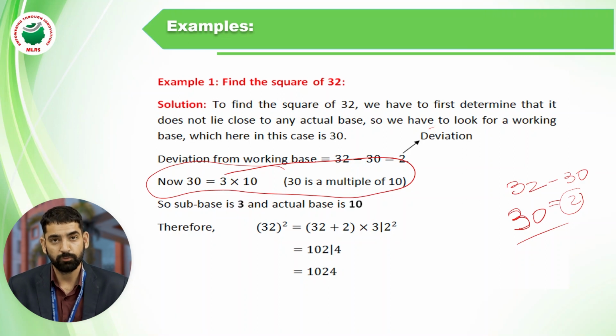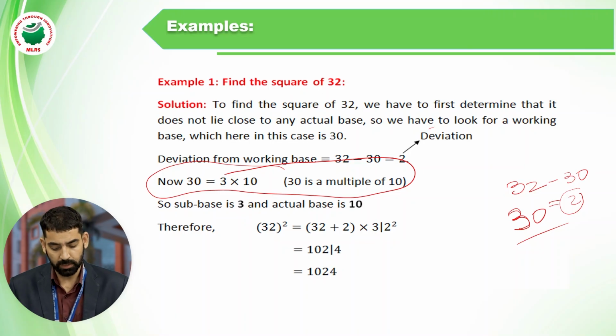If we have to find the square of 32, first we set the working base, that is 30, because 32 lies close to a multiple of 10, which is 30. After we set 30 as the working base, we write 30 as a multiple of 3 and 10. So 3 is the sub base and 10 is the actual base.